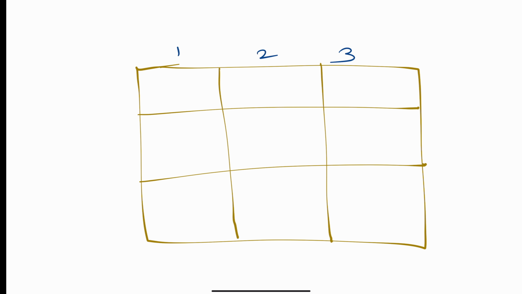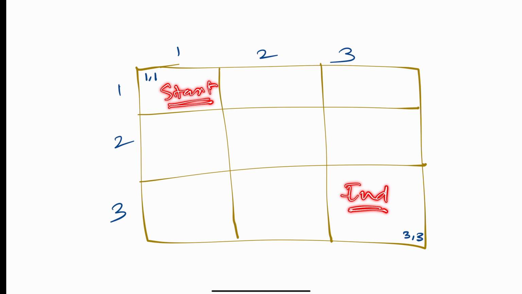Actually in Python the index starts from 0, but just to understand, I'm taking index 1 2 3, 1 2 3. The coordination of this is 1 comma 1 and the coordination of this is 3 comma 3. This is my starting position from where I want to start, and this is my end coordination where I want to reach.